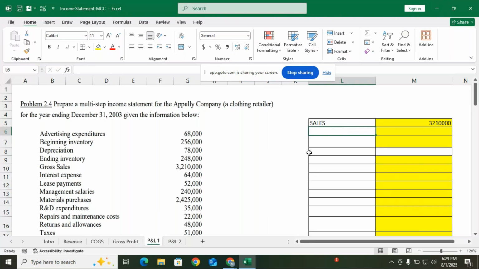So your cost of goods sold, how do you arrive at it? Opening stock plus purchases minus closing stock. So it will be minus COGS, or I put the COGS in the brackets.